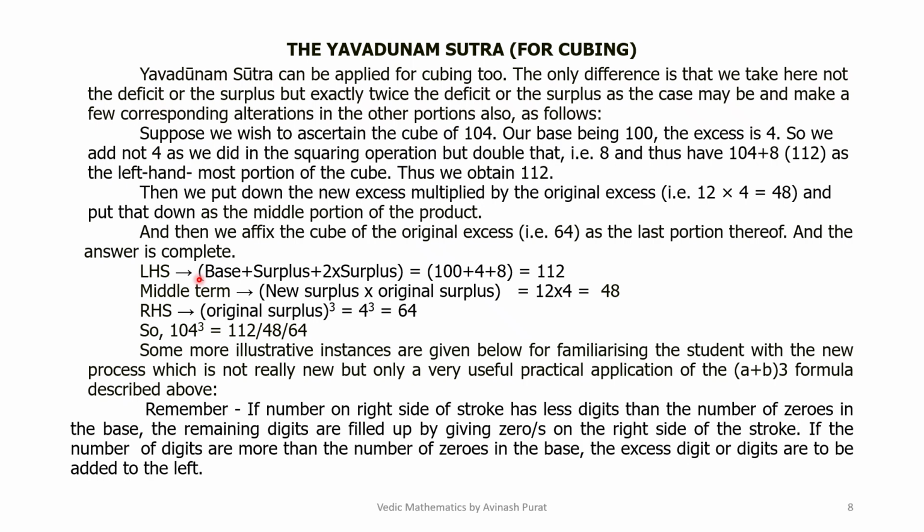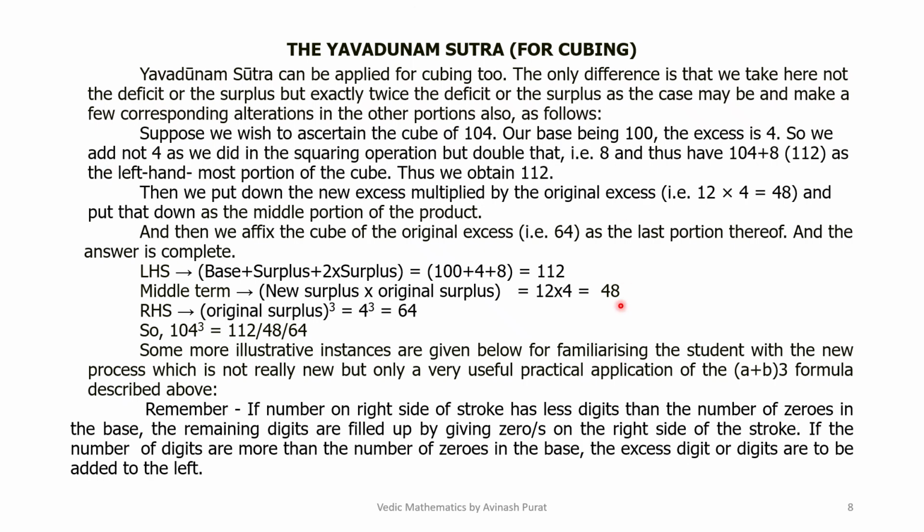So the left-hand side is base plus surplus plus 2 times surplus, equal to 100 plus 4 plus 8 equal to 112. Middle term, new surplus into original surplus, that is 12 into 4 is 48, and the right-hand side is the original surplus cube, that is 4 cube equal to 64. So 104 cube is 112, 48, 64.